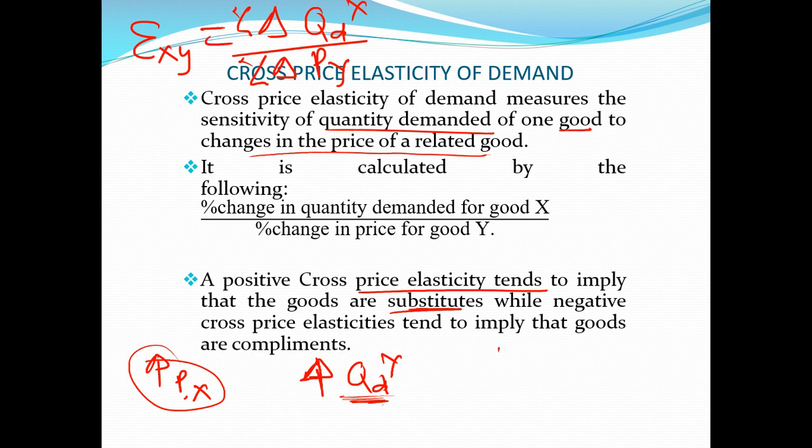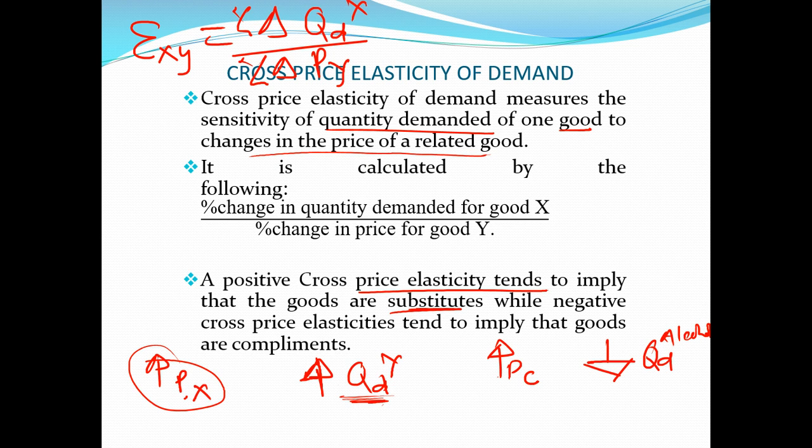Therefore, if you increase the price of cigarettes, we should notice a drop in the quantity demanded of alcohol. Why? Because the increase in the price of cigarettes will reduce the quantity of cigarettes, but since cigarettes cannot be taken without alcohol, they'll also end up reducing the quantity of alcohol that they're taking.